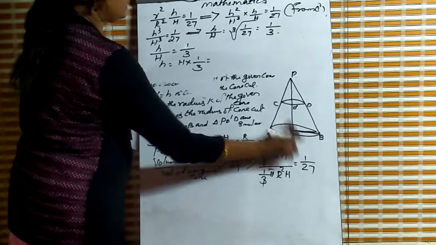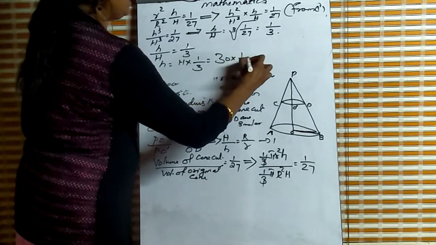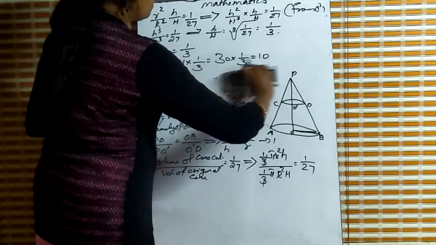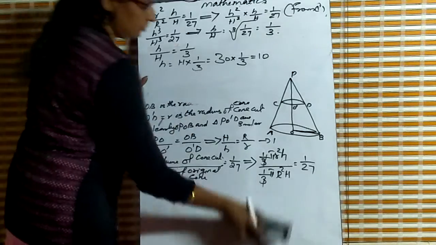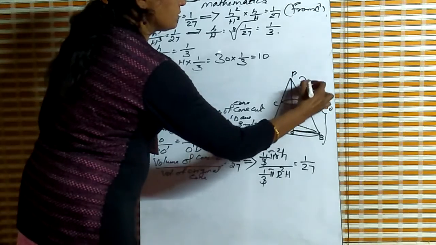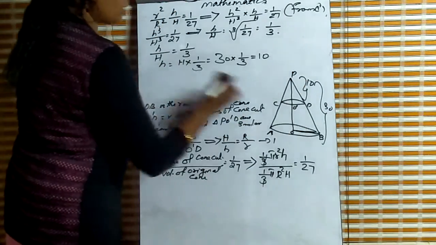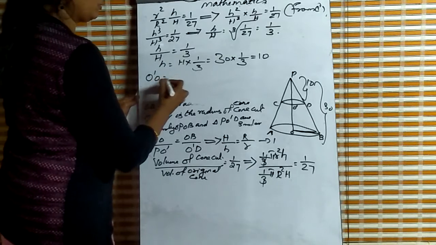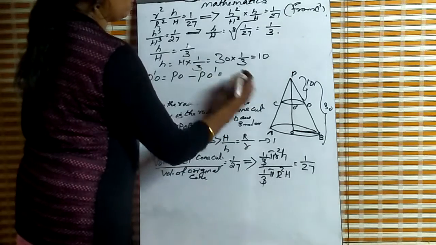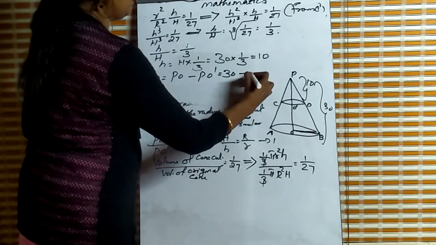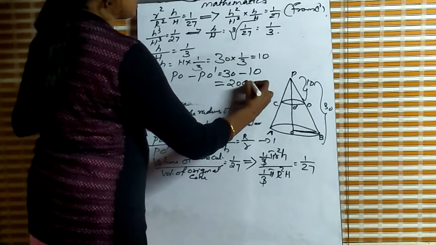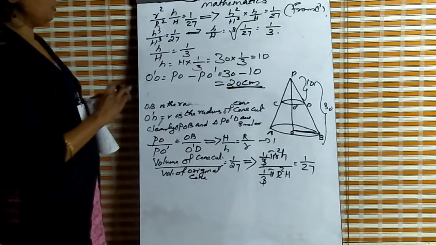But it is given what is H? 30 into 1 by 3 is 10. So this full length is 30 and this length is 10. So what is O dash O? O dash O is equal to PO minus PO dash, which is 30 minus 10, equal to 20 centimeter. Our answer is 20 centimeter.